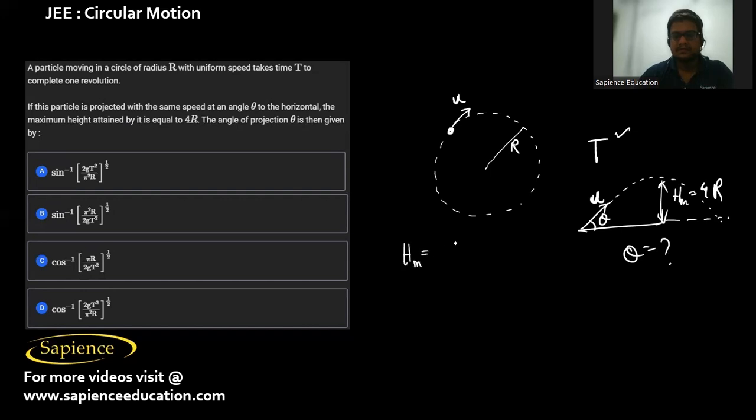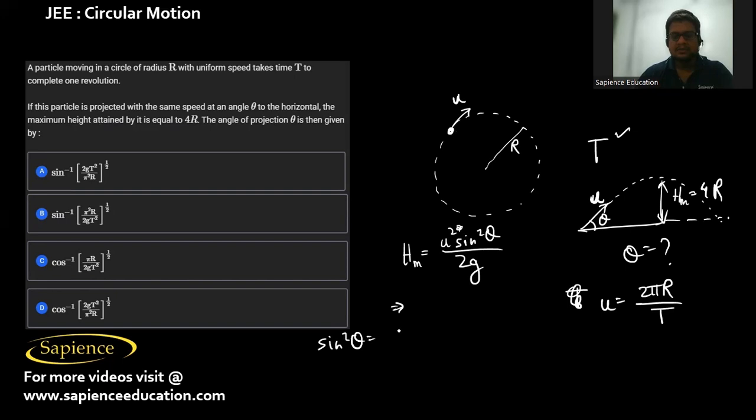So the maximum height, as you know, is equal to u square sin square theta by 2g. And from here, T is the time period of revolution. It is a uniform speed, so I can say it is equal to the average speed also, which is equal to 2 pi r by T. Now therefore sin square theta is equal to 2g h max, which is 4r, divided by u square.